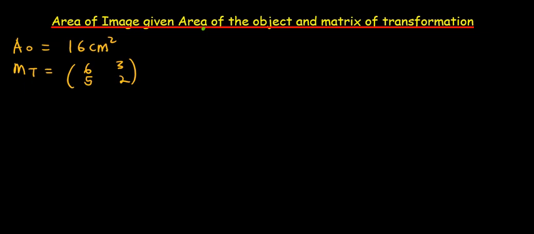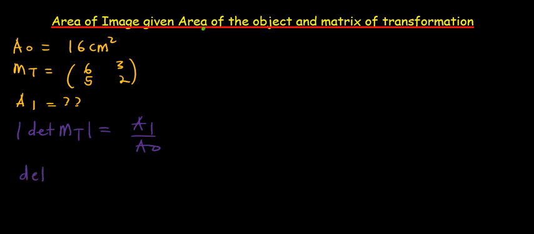Find the area of the image of the rectangle. So we need to obtain the area A1. Don't forget that the absolute value of the determinant of the matrix of transformation is equal to A1 out of A0. Let's find the determinant of the matrix of transformation.